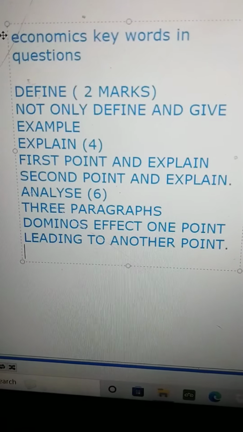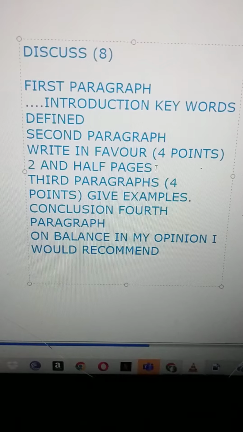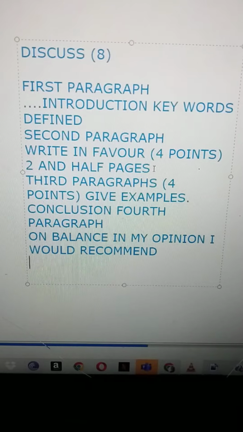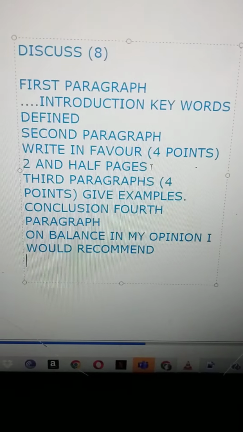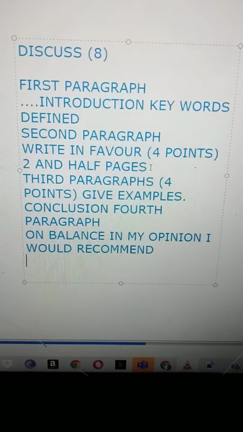So we have to remember that thinking out of the box is the most important thing in economics. Don't hesitate to write. I have seen students worried that if they write this, it will be wrong. If you have a solid base, you have learned your notes, facts, you know the theory, then you should be able to explain it and write something different, which will be acceptable.